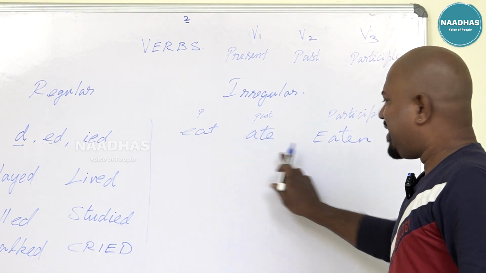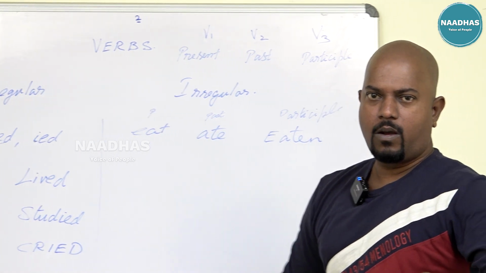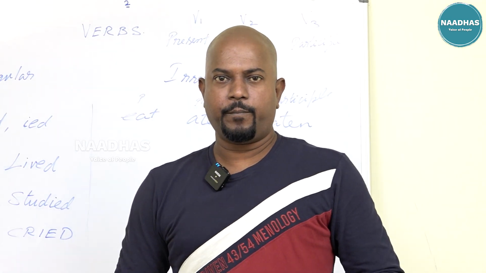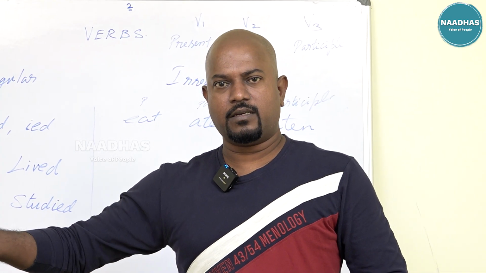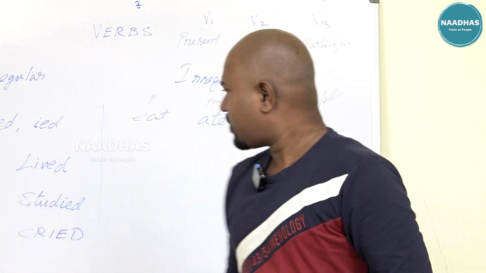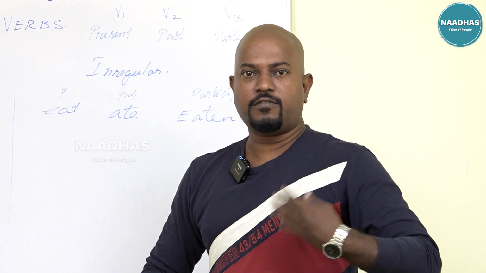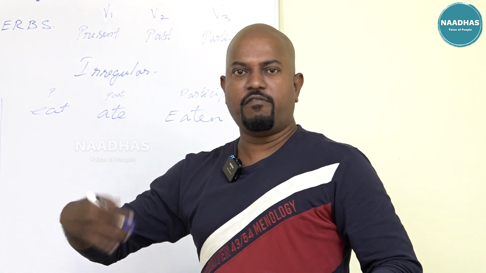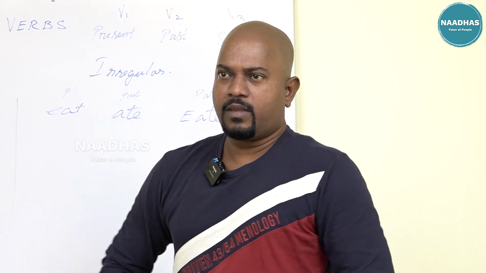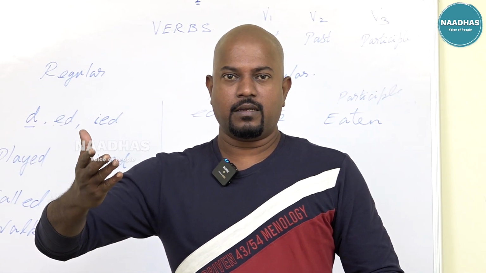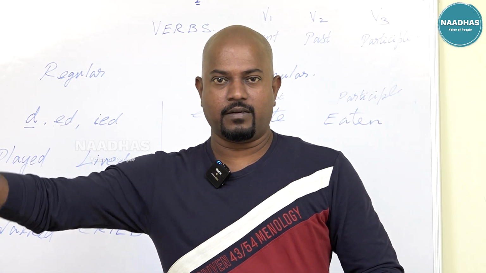So eat, ate, eaten. Sleep, what is the past? Slept. And past participle is slept. All right. Then I feel, I felt, past tense is felt, and participle felt. And raise, rose, risen. All right.